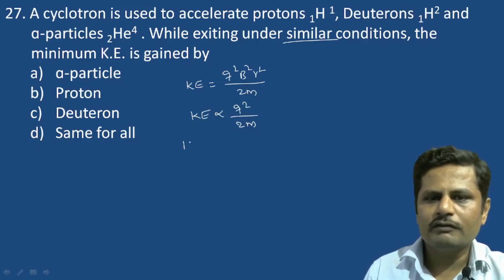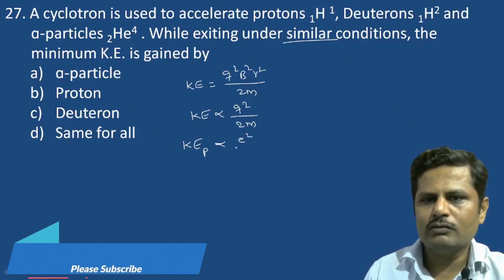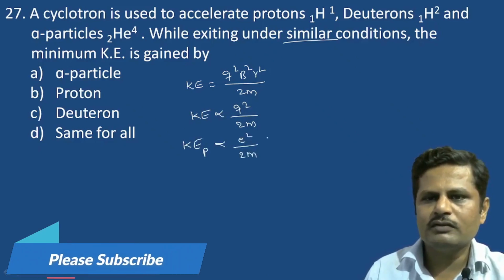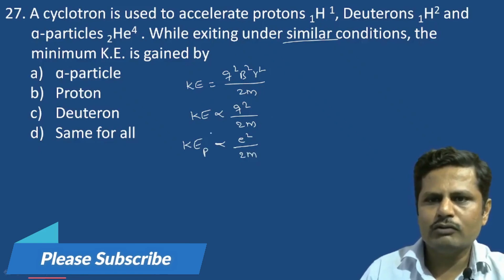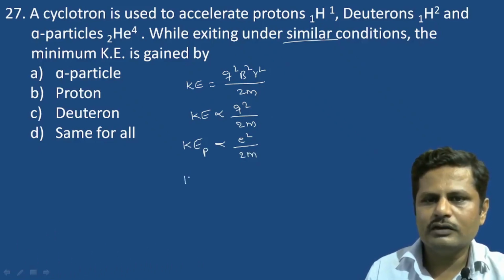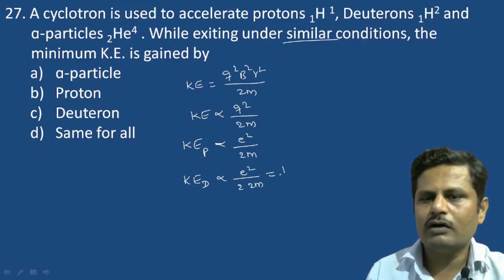So now let me find the kinetic energy for the proton. Here the charge on the proton is e, so we can take e square divided by 2m only, since the mass number is 1 and the atomic number is 1. Now the kinetic energy for the deuteron: the atomic number is 1, so e square, divided by mass number 2, so 2m becomes 2 times, so we could write half of e square divided by 2m.